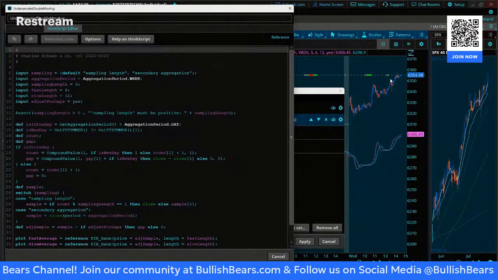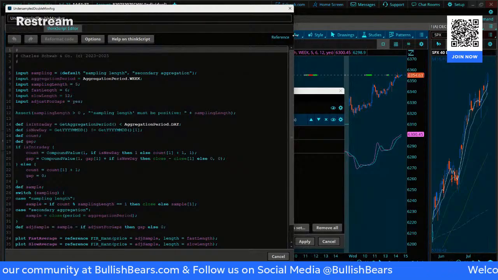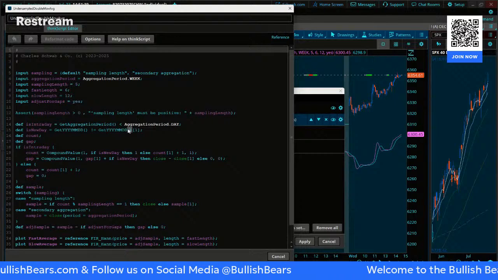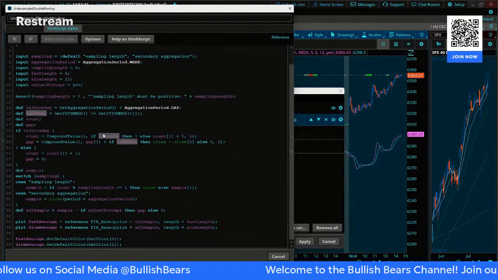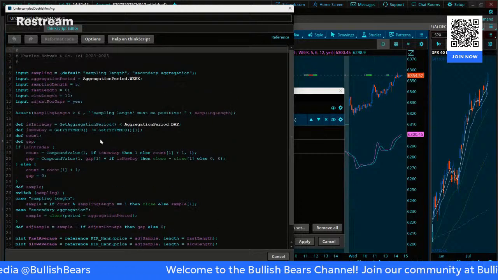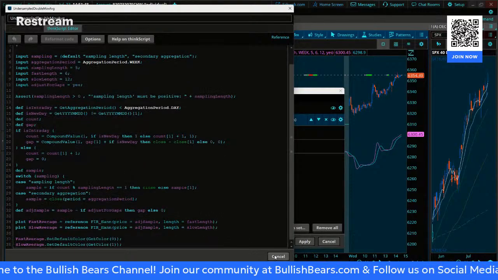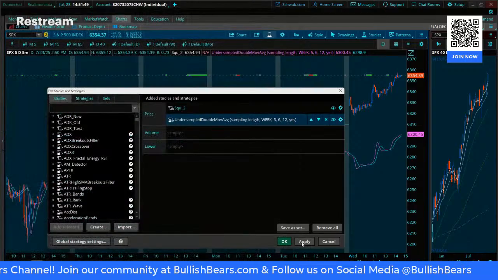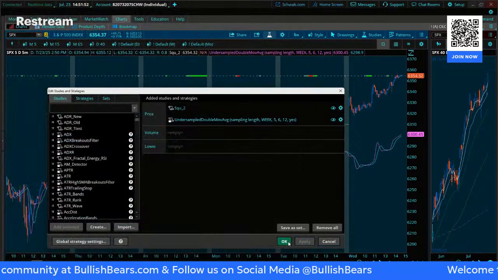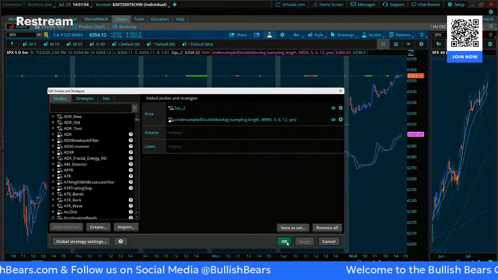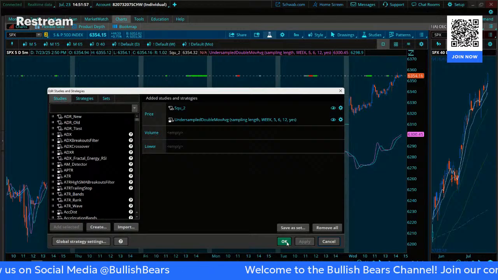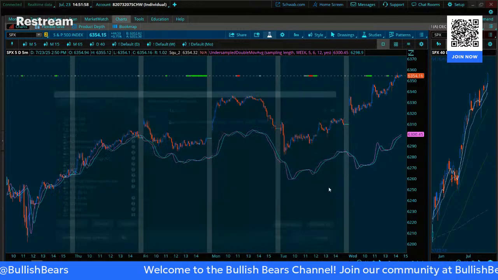The one that I'm on, which is a 5 minute, a daily, and a weekly built into it, which is kind of unique because for the longest time you couldn't do two, let alone three. You could have a 5 minute and look at a daily.